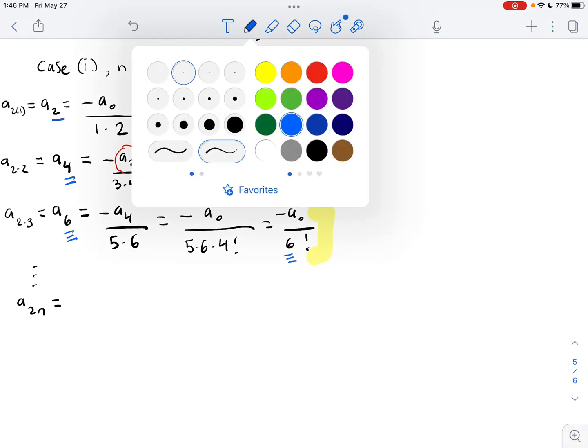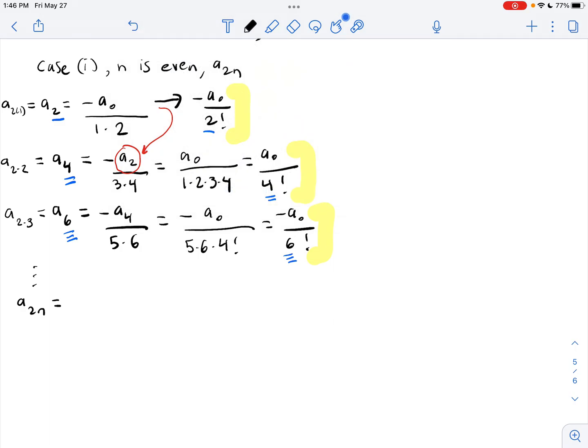And so we know exactly what's going to go here. We know we're going to have a 2n factorial at the bottom. We also know we're going to have an a naught, but we also have alternating negative signs. It's going to be negative 1 to the nth power.